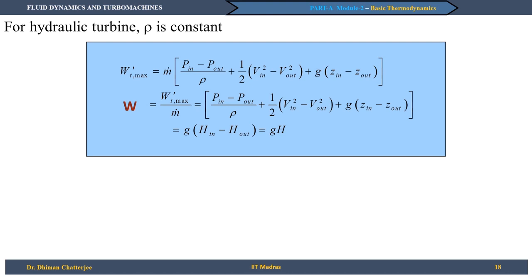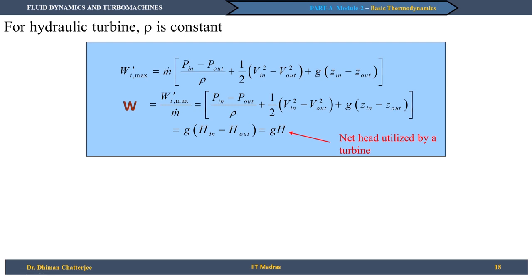And specific work W is nothing but the maximum work produced, because that is the useful work we are talking about, the energy available across the turbo machine in the fluid per unit mass flow rate, given as (P_in minus P_out)/rho plus (V_in square minus V_out square)/2 plus g (Z_in minus Z_out), which is many times given in the form of g multiplied by capital H. This capital H is nothing but the net head utilized by a turbine.